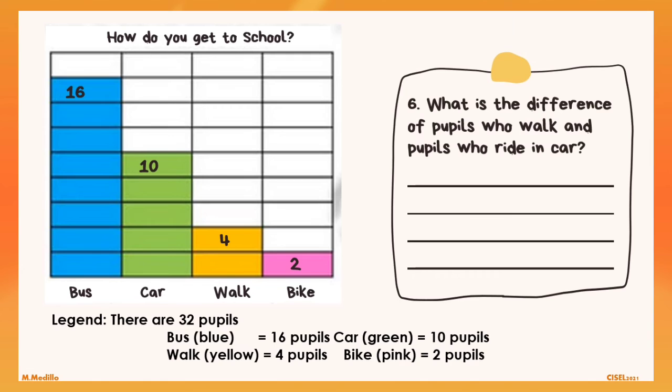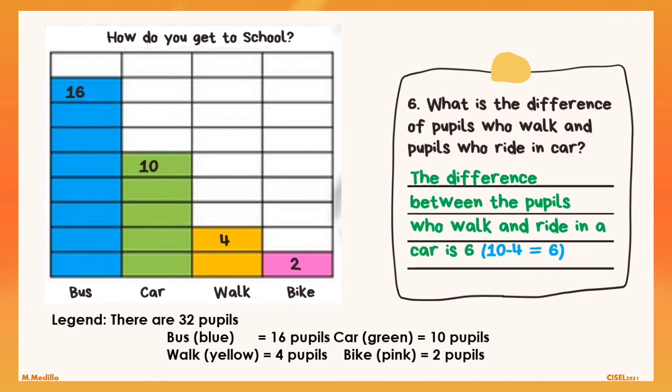Number 6. What is the difference of pupils who walk and pupils who ride in car? Fantastic! The difference between the pupils who walk and ride in a car is 6.